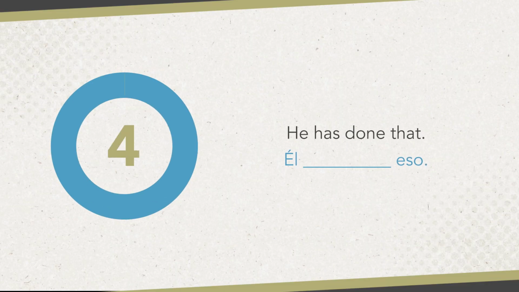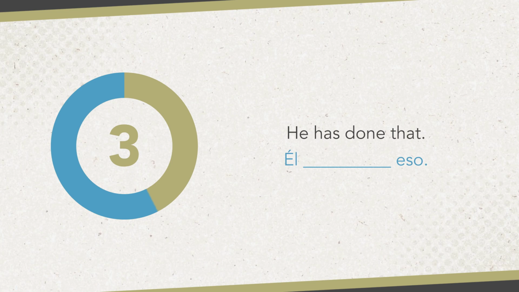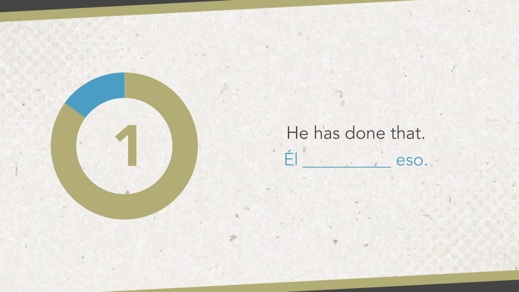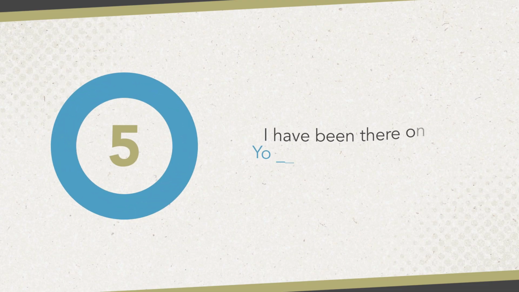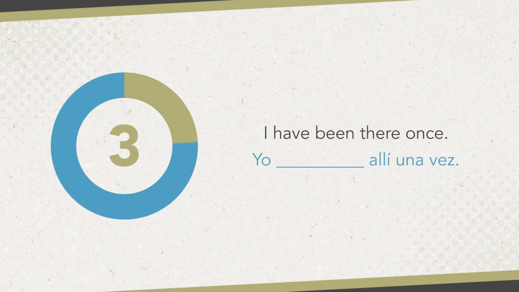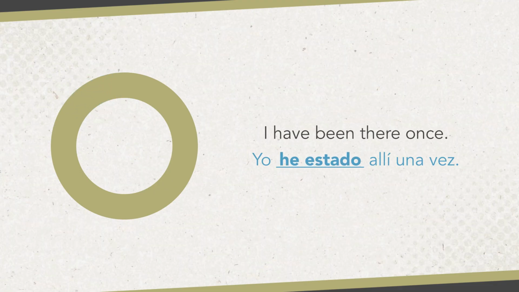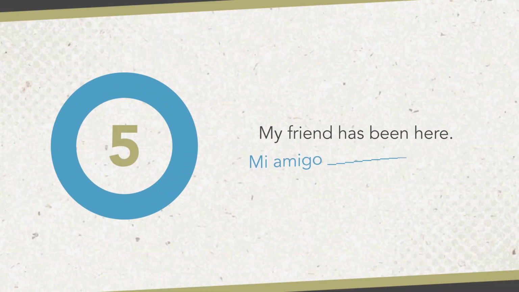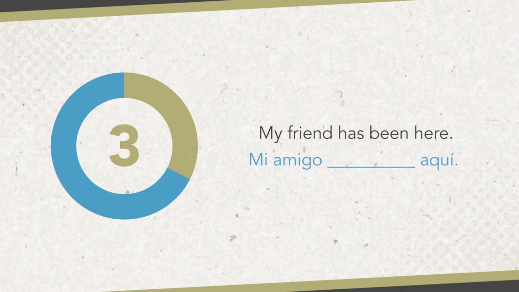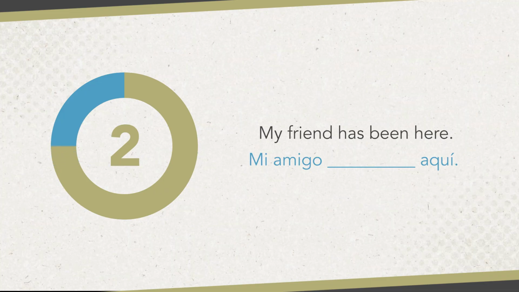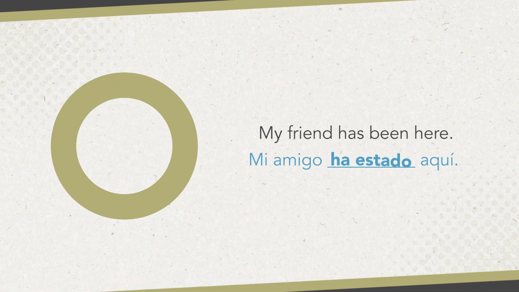He has done that. Él ha hecho eso. I have been there once. Yo he estado allí una vez. My friend has been here. Mi amigo ha estado aquí.